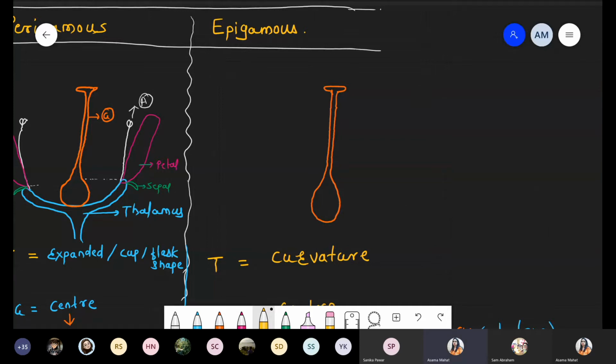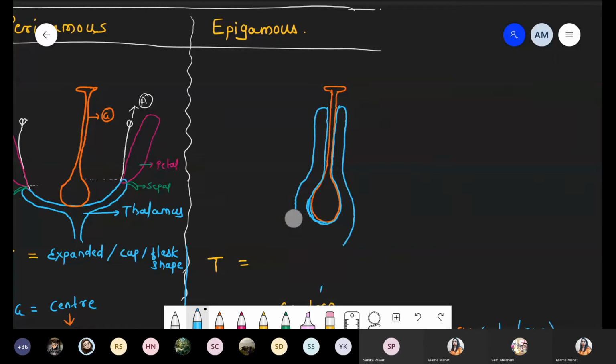Now I'll draw the part of the thalamus. Okay, done. So this part is the curvature thalamus.